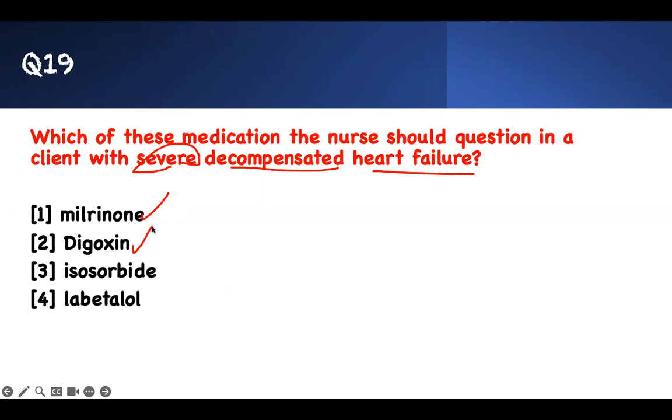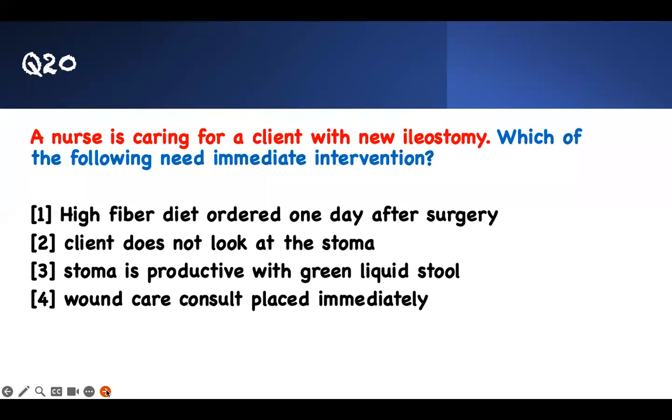The digoxin, we give them as an inotrope. This is a nitrate that also will help with that. The beta blocker will drop the heart rate too much, so it is contraindicated in the decompensated form, but you can use it in heart failure. So that's the answer.